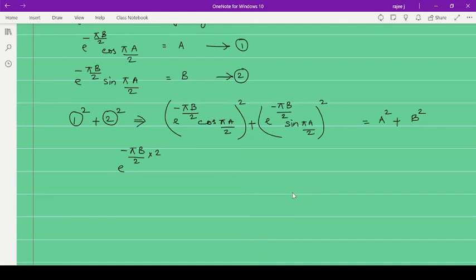So pi b by 2 into 2, these 2 will get cancelled. So you will get e raised to minus pi b, and this one is cos square pi a by 2, plus similarly here also e raised to minus pi b by 2 the whole square, the 2 will get cancelled, e raised to minus pi b here, and here sin square pi a by 2, equal to a square plus b square.